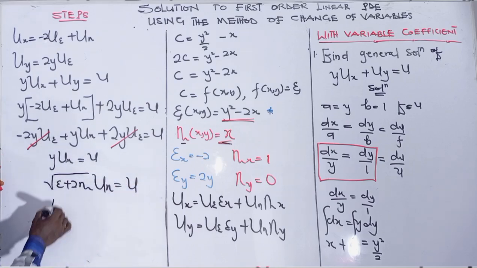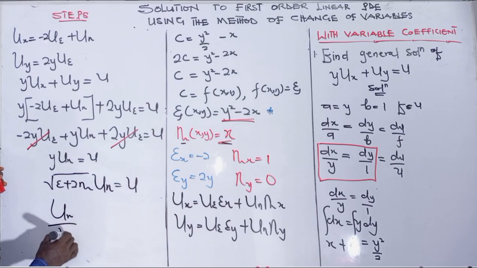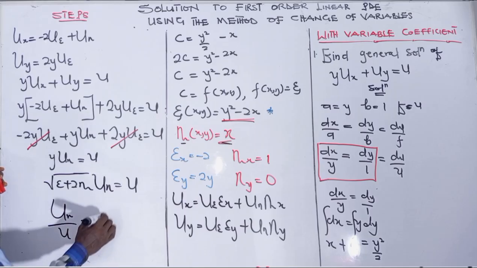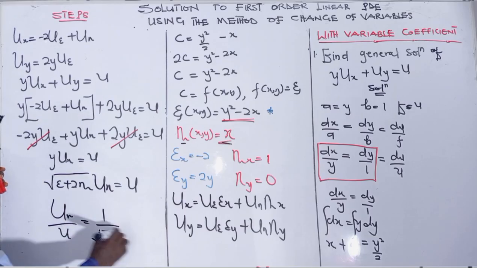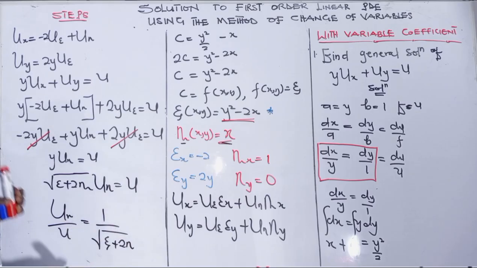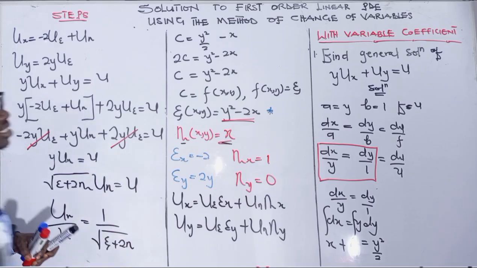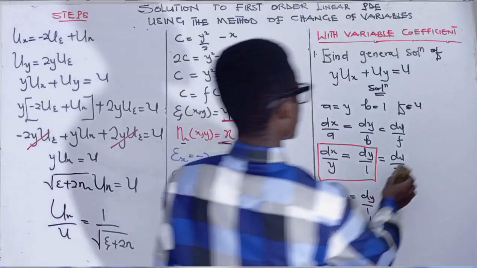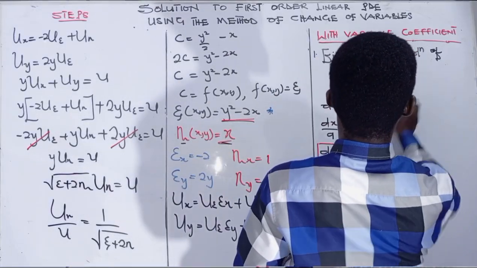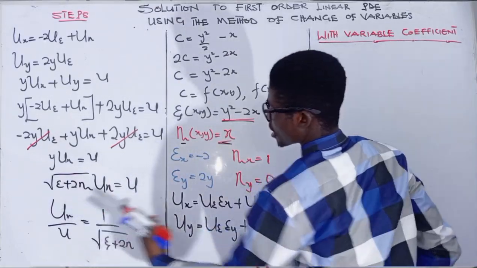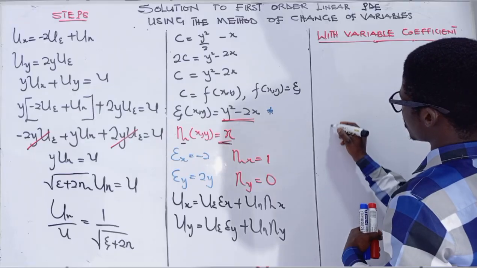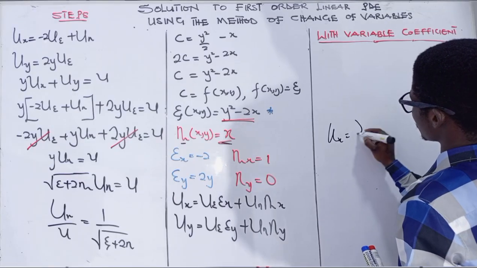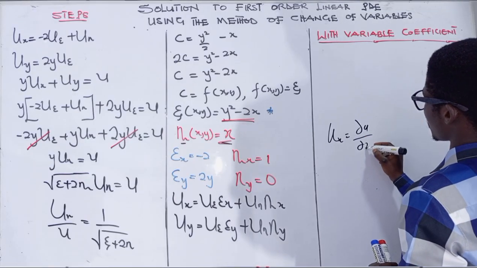So we are going to have our u eta all over u is equal to 1 all over xi plus 2 eta. Very, very interesting. So from here, we know that when you have ux, you can write it as del u del x.